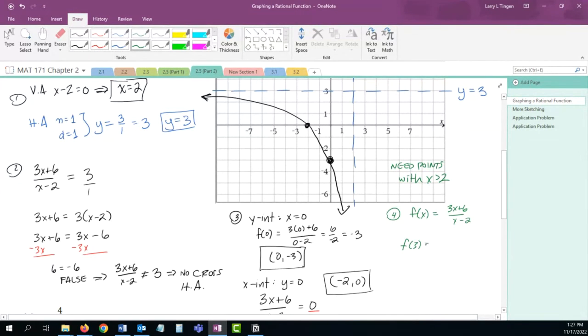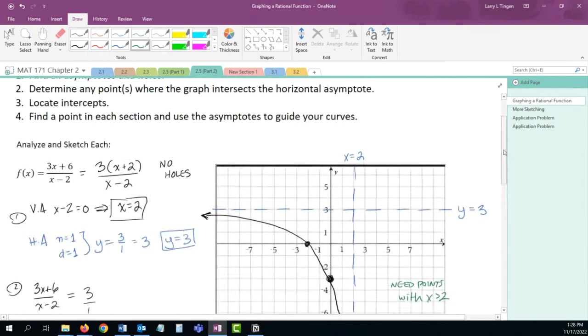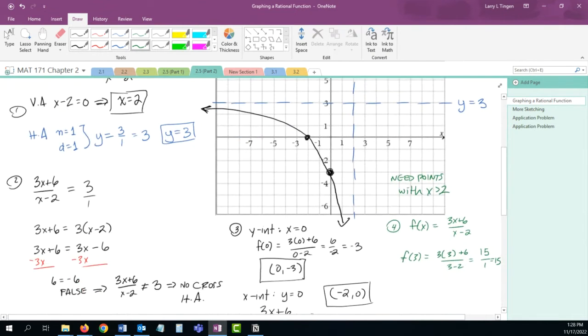So let's try 3 and see what happens. Plug in 3. 3 times 3 is 9, plus 6 is 15 over 1, which is 15. So when I plug in 3, I am way up here. Okay, so that was a little off the graph. So let's go a little bit farther to the right. Let's try 4.